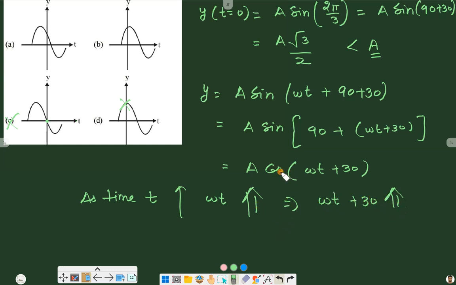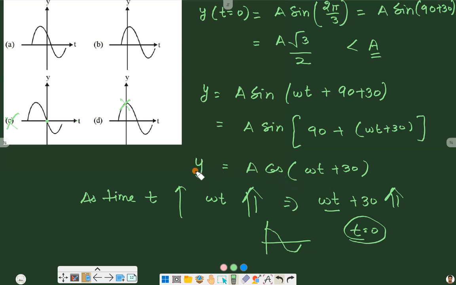And we know that cos is a decreasing function, the value of cos decreases with time, not increases with time, right? So the value of cos decreases with time, not increases with time. And here we are taking time after t equal to 0, that once time has started at t equal to 0, the value of cos will decrease.